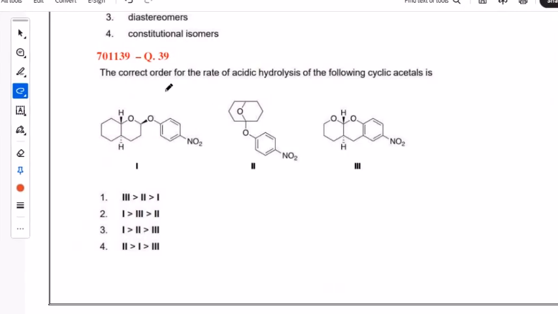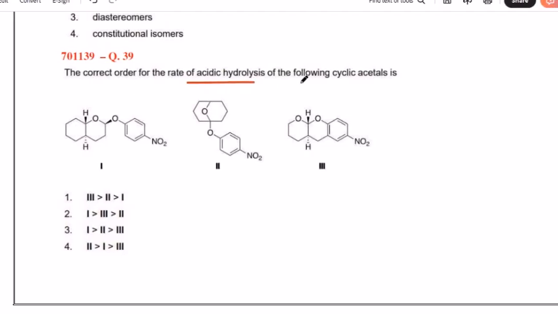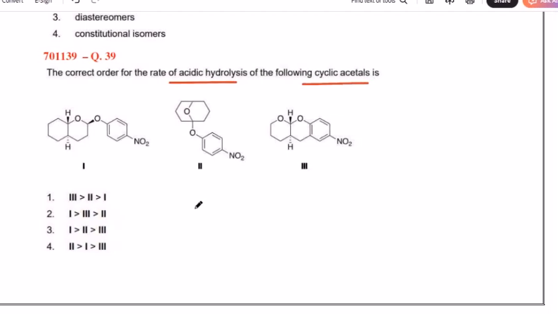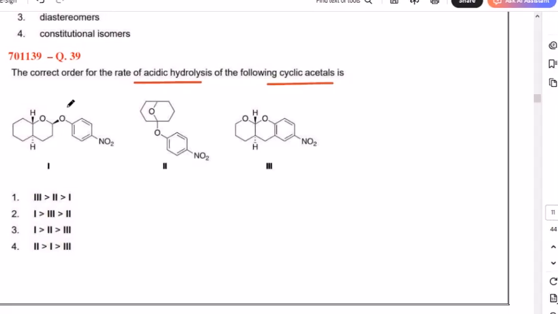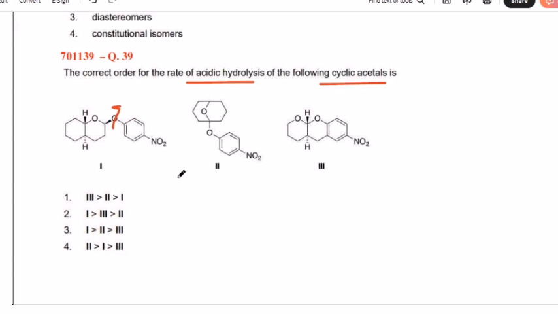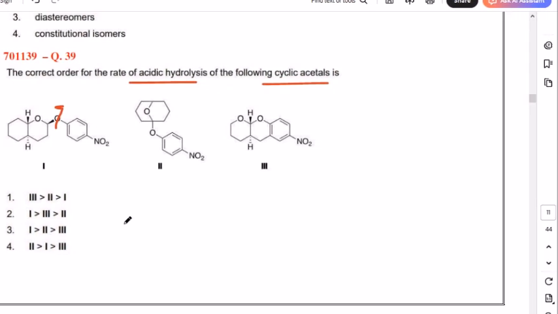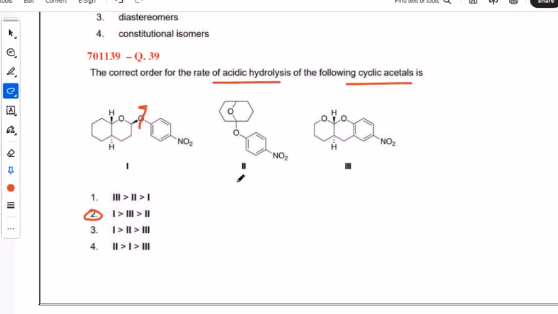Next, the correct order for the rate of acidic hydrolysis of the following cyclic acetals is, so among the cyclic acetals, which one is hydrolyzed easily, so that it is going to give paranitrophenol. Option 2, where 1 is first, followed by 3.